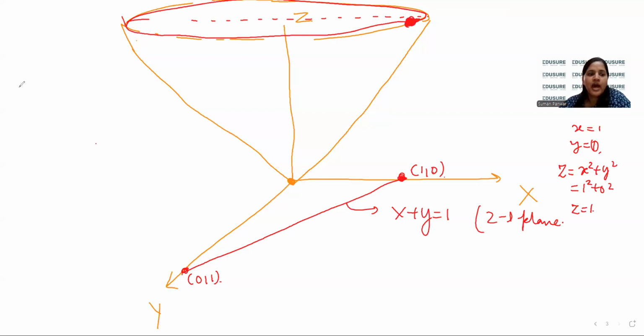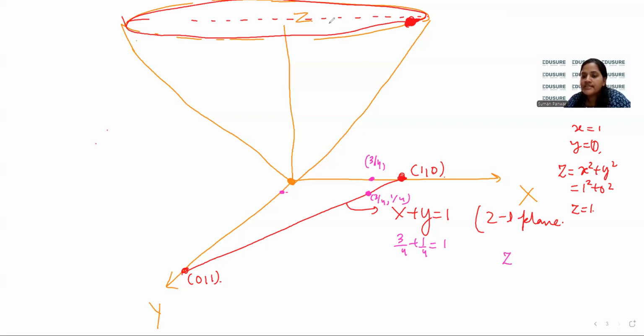Now, suppose you have a point 3 by 4. When x is 3 by 4, you can see y has to be 1 by 4. So we have (3/4, 1/4) lying on this line. Now let us see what is the corresponding level curve which it is going to touch.